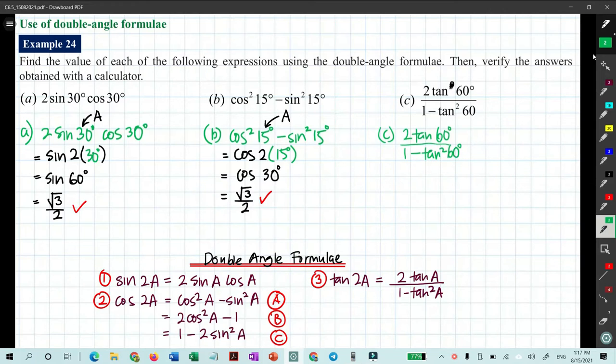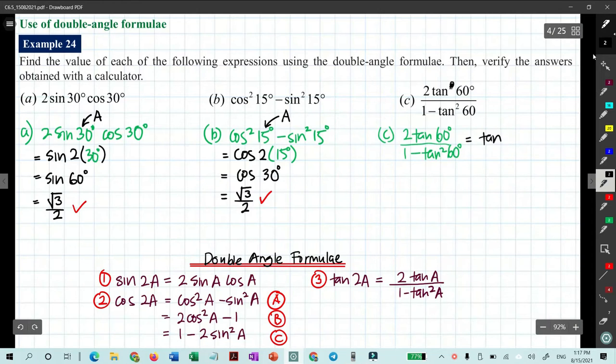To answer this question, we have to use the third formula. When you apply the third formula, you'll get tangent 2A. So what is A? A is actually 60 degrees. Let's substitute 60 degrees.